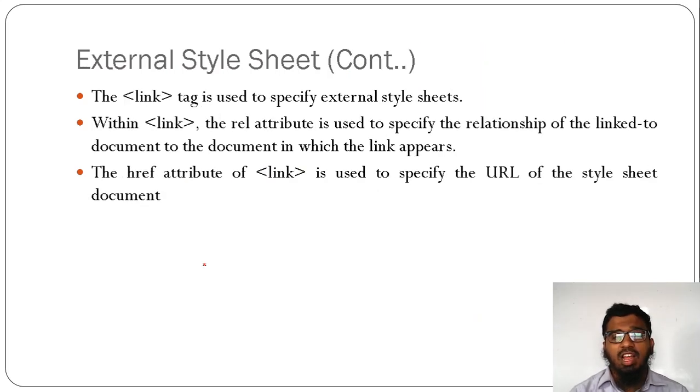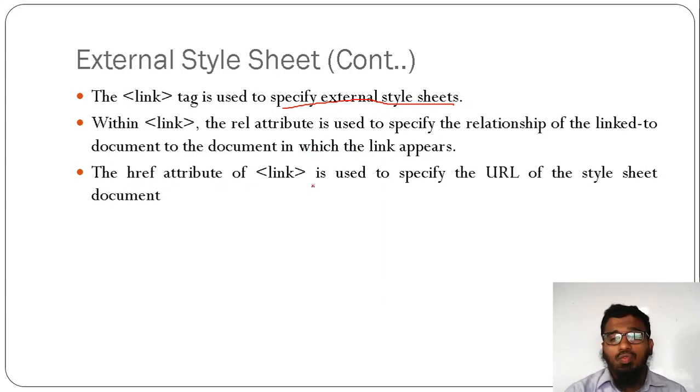What is an external style sheet? Once again I will tell you this. In the external style sheet, the link tag is used to specify the external style sheet. Next, within link, the relation attribute is used to specify the relationship of the link to the document in which the link appears.